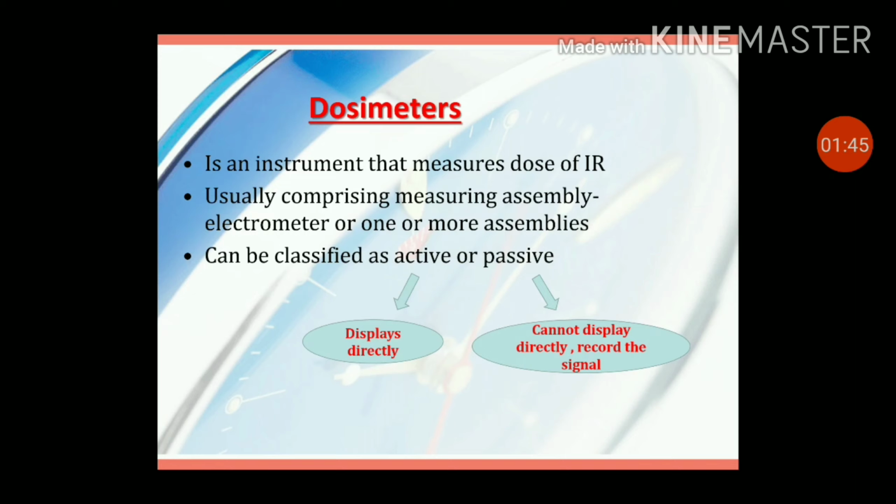One is active and the other one is passive. Active is where you can directly display the result of the dose output, and passive is that we cannot display the dose output directly, but we can record the signal and later on we can retrieve the dose.